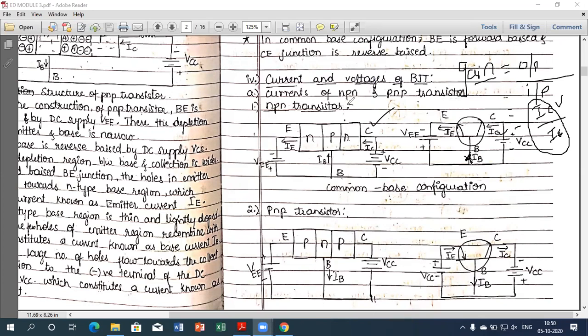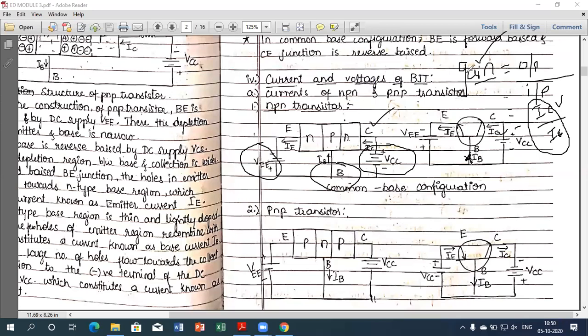This is NPN transistor, or PNP transistor, where the VEE voltage is applied between the emitter and base, and VCC voltage is applied between the collector and base. So therefore, base is common between the input and output, that is emitter and collector respectively. So the gain in terms of current, I call it current gain.